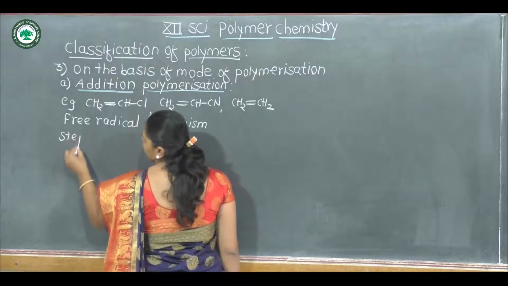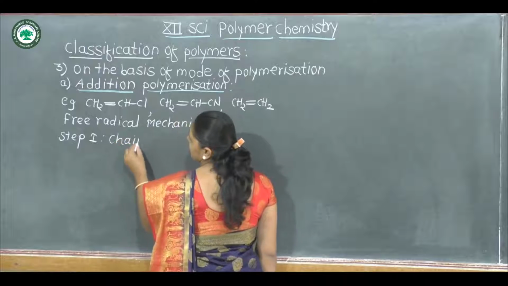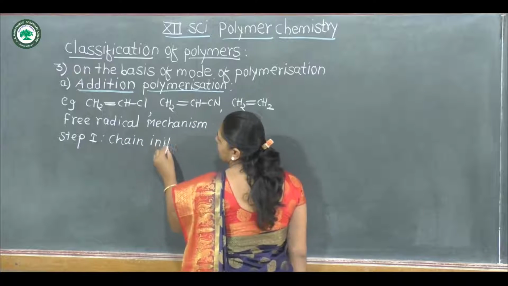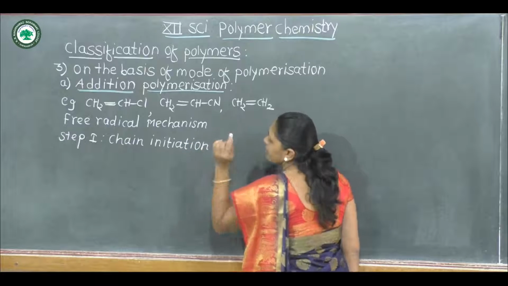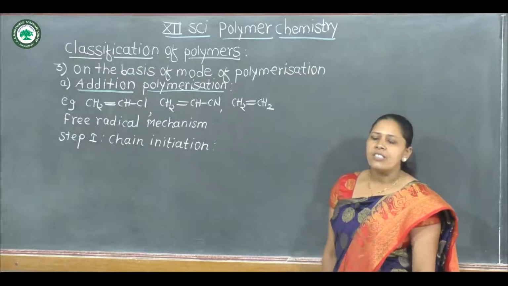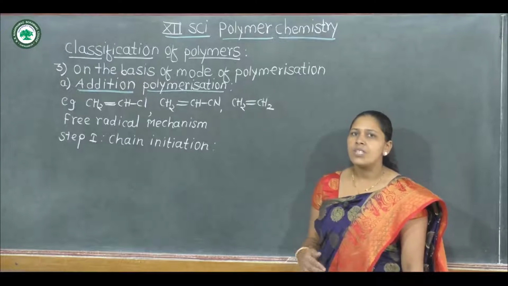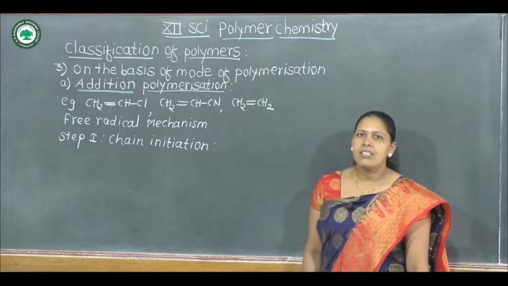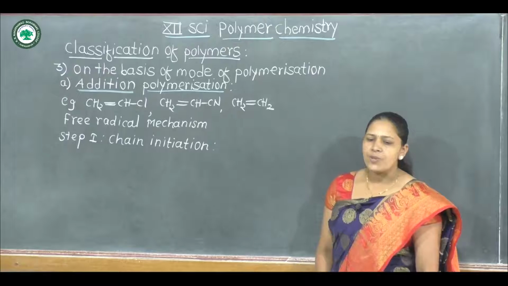Step first, chain initiation. Chain initiation means formation of free radical. It is initiated by free radical, and here some initiators are used, either benzoyl peroxide, acetyl peroxide or tertiary butyl peroxide.